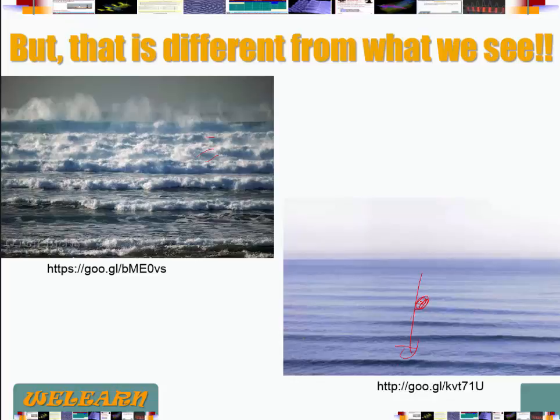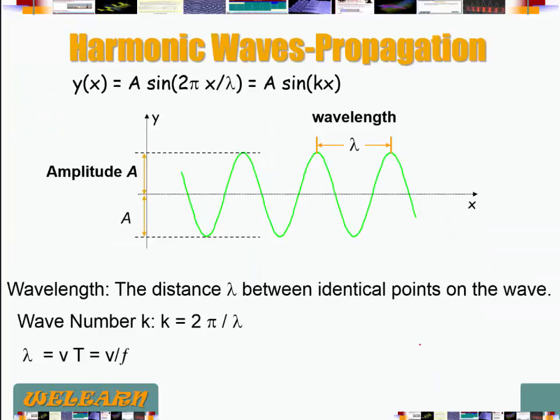So what we have in the ocean has to have a sine function not as a function of time, but as a function of position. Something like this. So we see here y as a function of position is something like this.